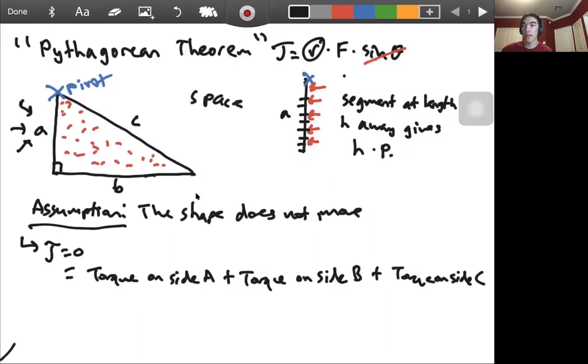I haven't actually set the length of the segment yet, so I'm going to call the length of the segment DH. D of something is a common thing in calculus. It just means a small change in what H is. So H is the height, so a small change in the height gives you a segment of the length. So H times P times DH is the torque a small segment gives us.